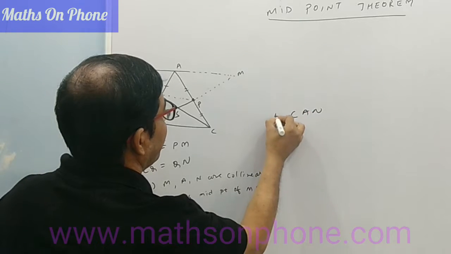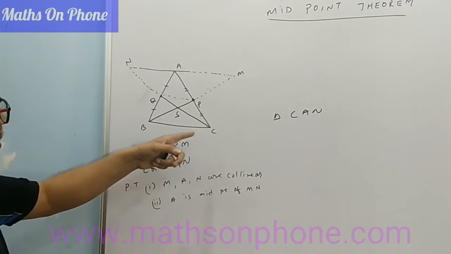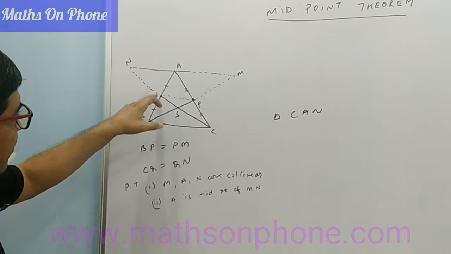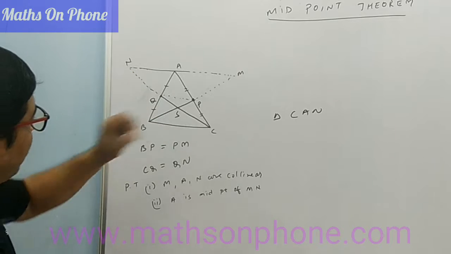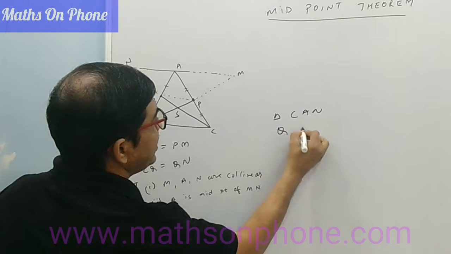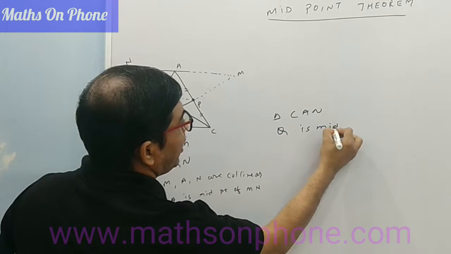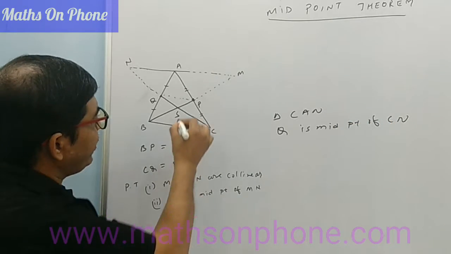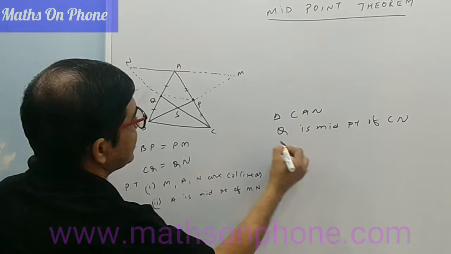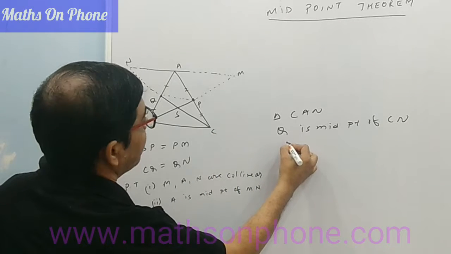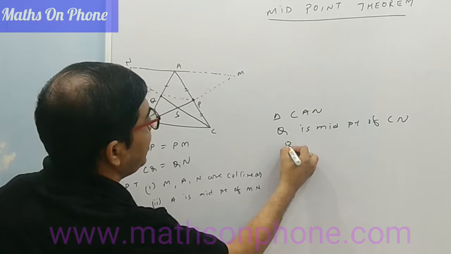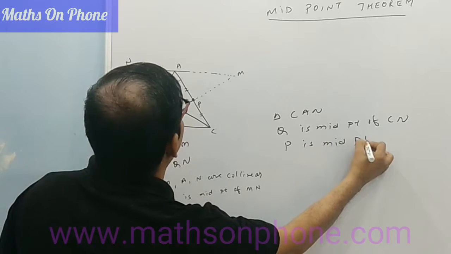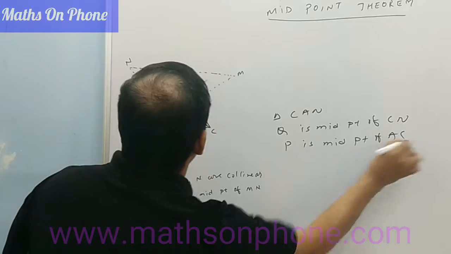Now just concentrate on triangle CAN. What you see? That CQ was equal to QN. That means Q is the midpoint of CN. And we saw that P is the midpoint of AC.